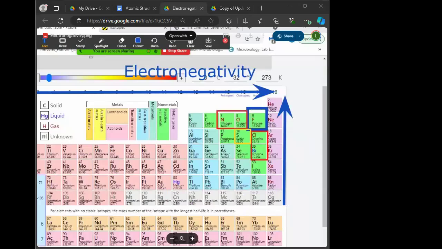So, electronegativity is supposed to increase going up and to the right. And so the most electronegative element is supposed to be fluorine. Fluorine is the most electronegative element.